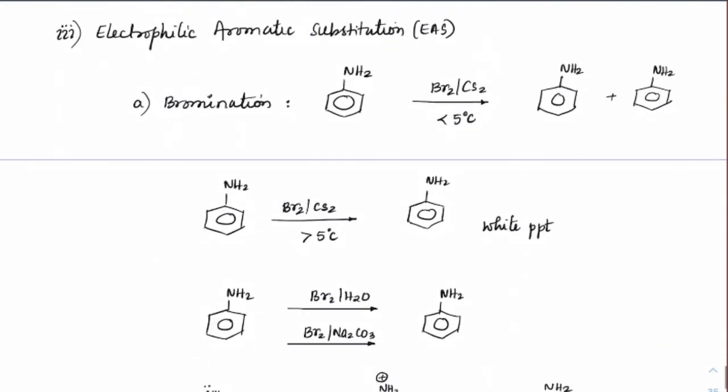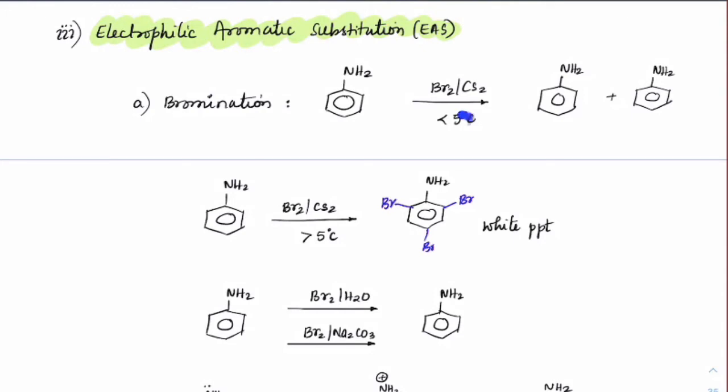Next important reaction of aniline is electrophilic aromatic substitution. We'll see bromination first. Generally, if temperature is not given, we will say that Br2 in CS2 or Br2 in water, in all the cases it would go for heavy substitution on all ortho and para positions.